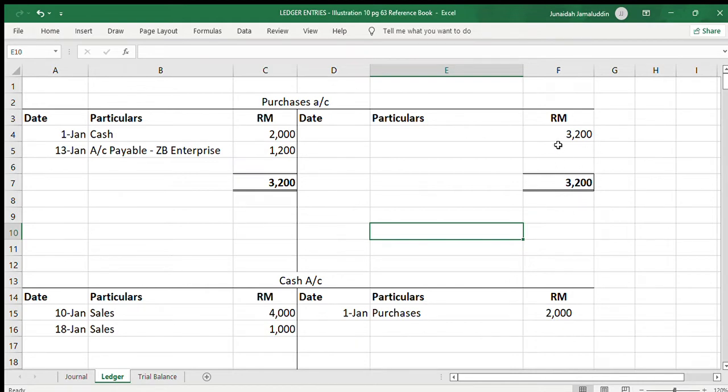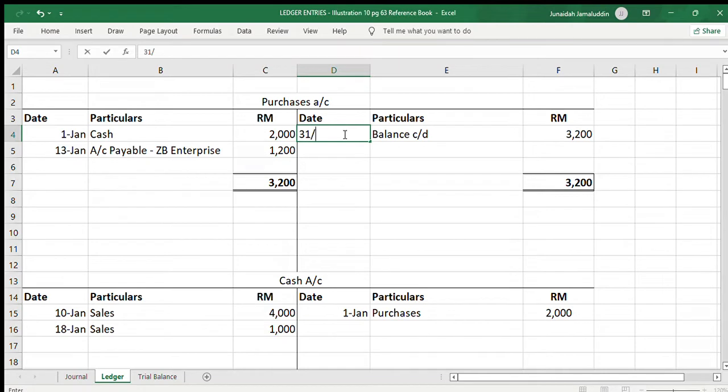So amount yang kita tambah di sebelah kredit ni, ataupun difference, this is what we call as balance CD, balance carried down. So balance carried down ni is the balance at the end of January, that is on 31st January.